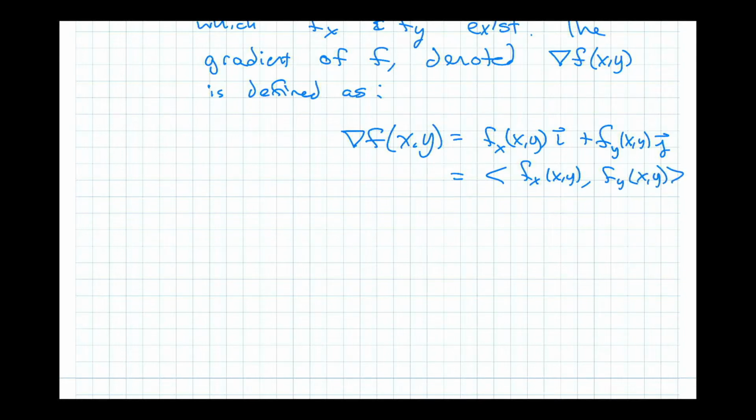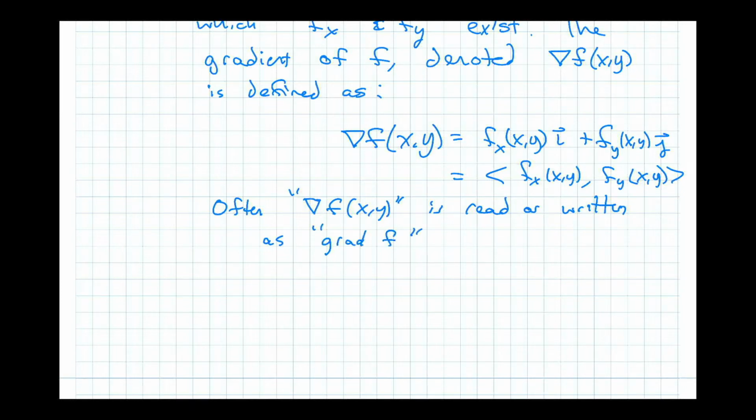Often this symbol is read out loud or written as grad F. So this is like the old school way to do it, because you don't have to go too far back before people were trying to type math on typewriters, right?